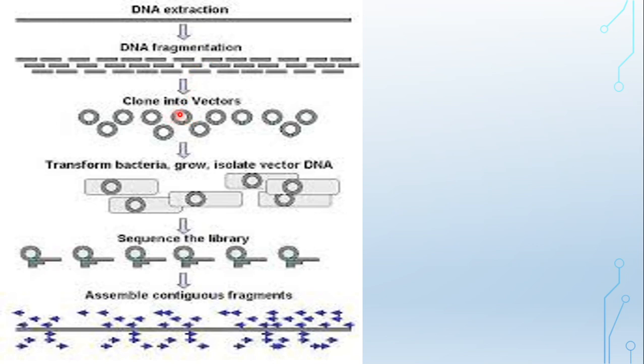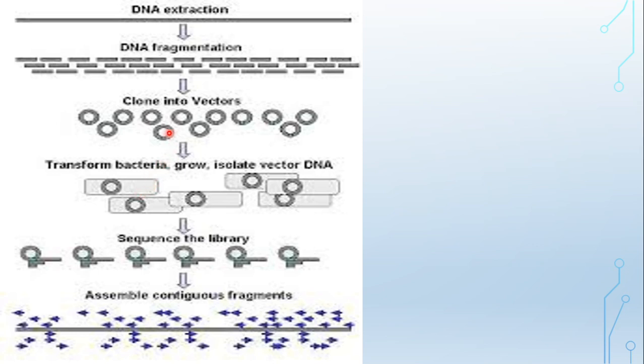Usually bacterial plasmids are used here, which will help in transfer. That means this small fragment of human DNA is joined with a bacterial or yeast DNA, and then it is inserted into the microorganism. Let the microorganism divide.